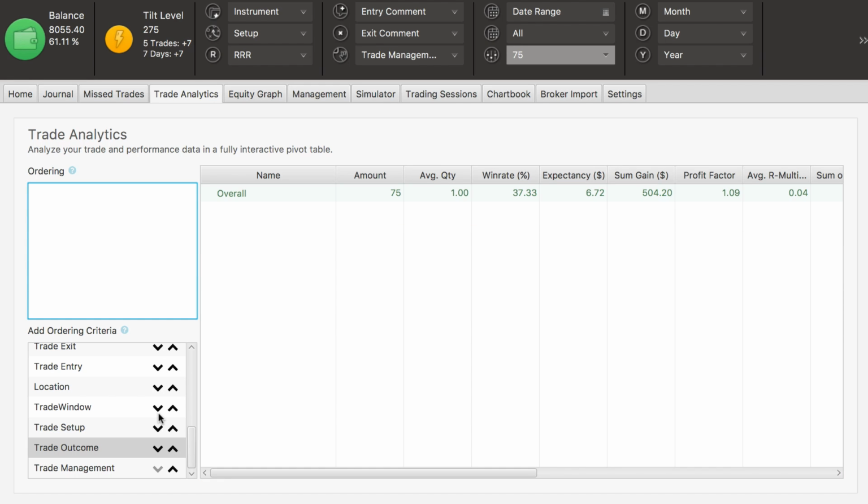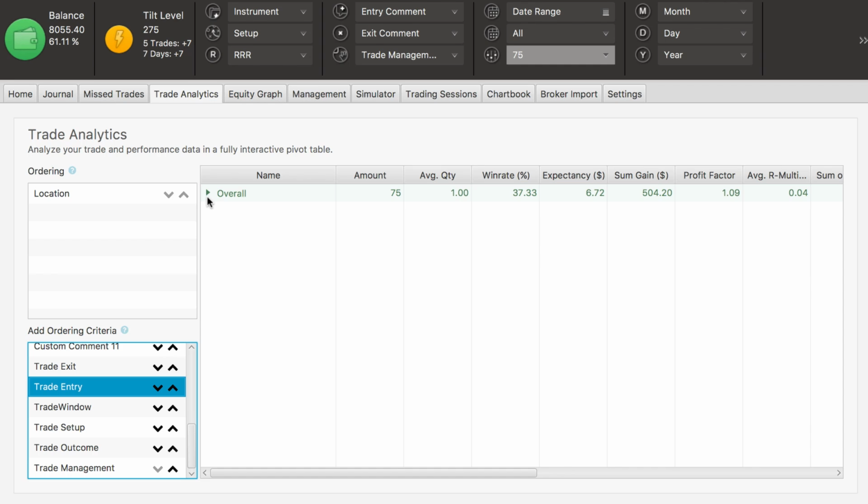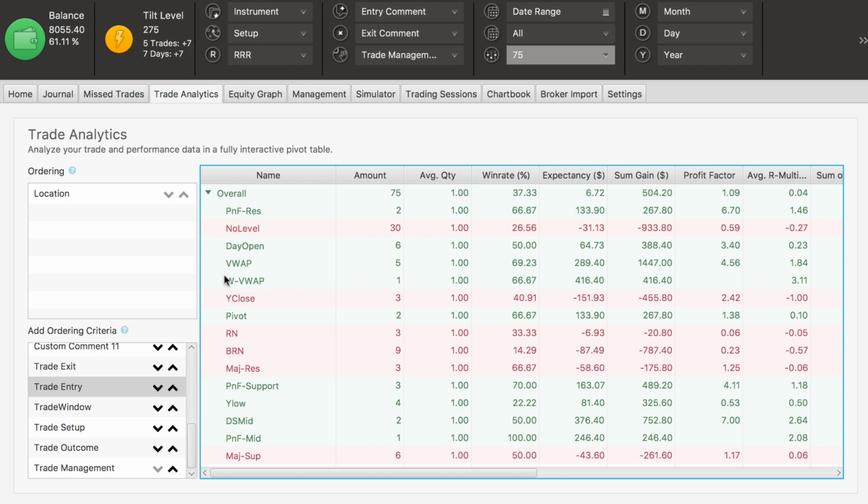I saw that he is using a few custom statistics, so I always like to look at those as well and look for outliers. Location is one of the custom statistics that he's using. And again, I don't know anything about the way he's trading, but that's not necessary. You just want to look for outliers here. And you can see here, this one is significant. Out of 75 trades, he has taken 30 trades with the comment no level.